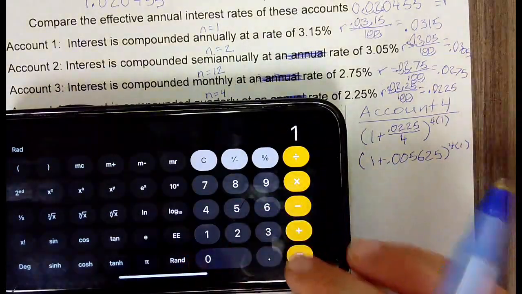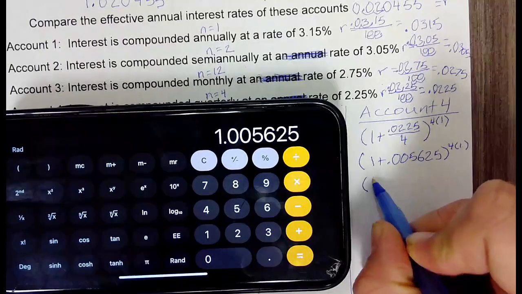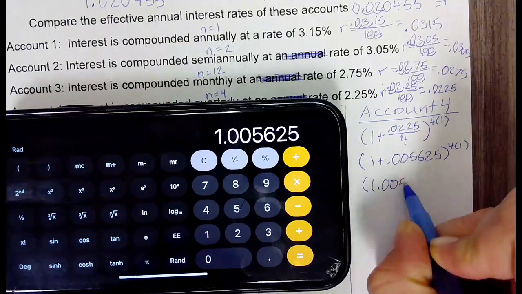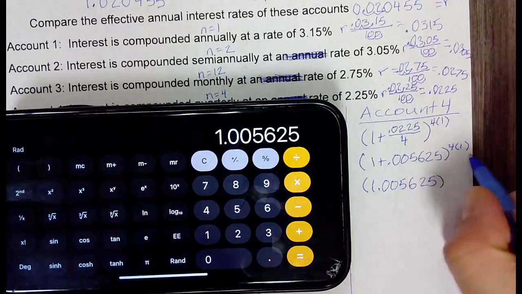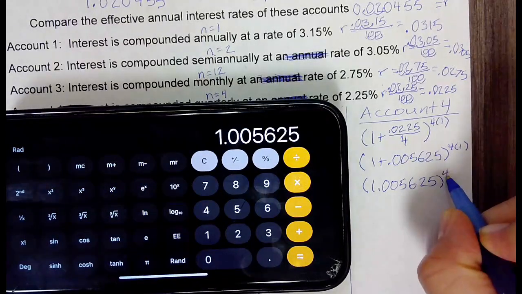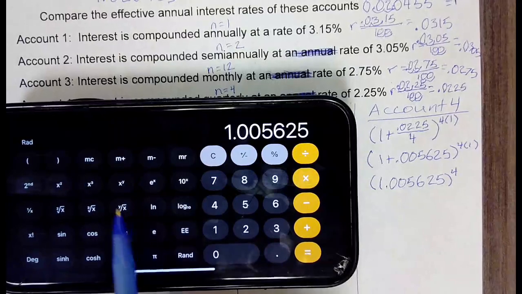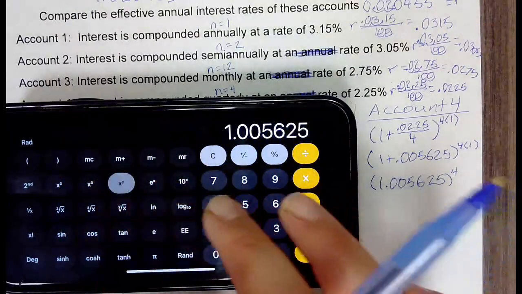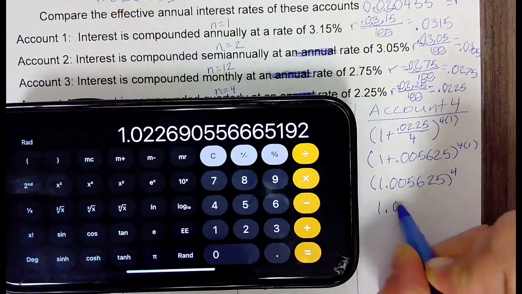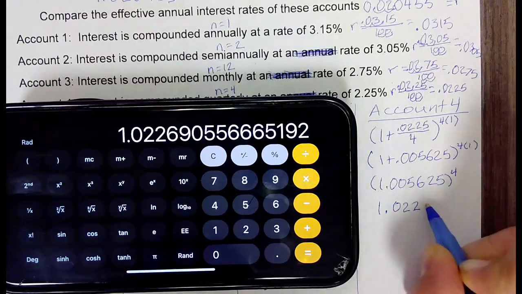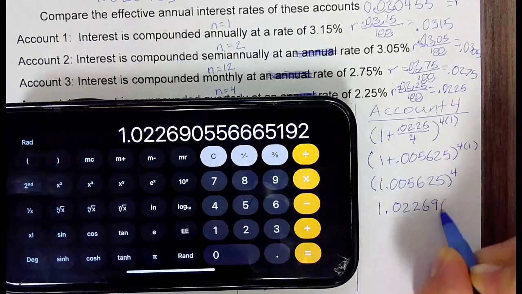Plus 1. So now I have 1.005625 to the power of 4 times 1, which is going to be 4. So to the power of 4 equals 1.022690.